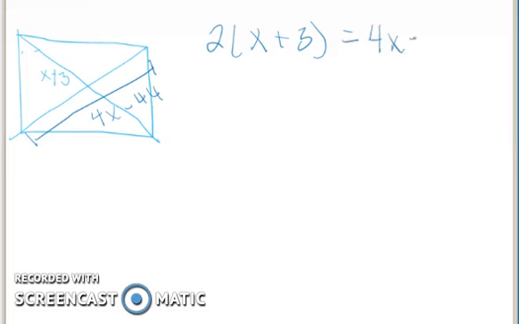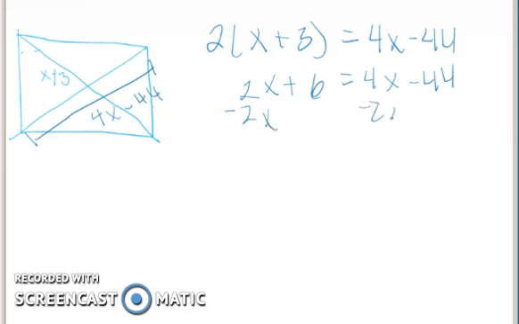equals 4x minus 44. That's going to give me 2x plus 6 equals 4x minus 44. Move the 2x, add the 44. And we get 2x equals 50. So x equals 25.